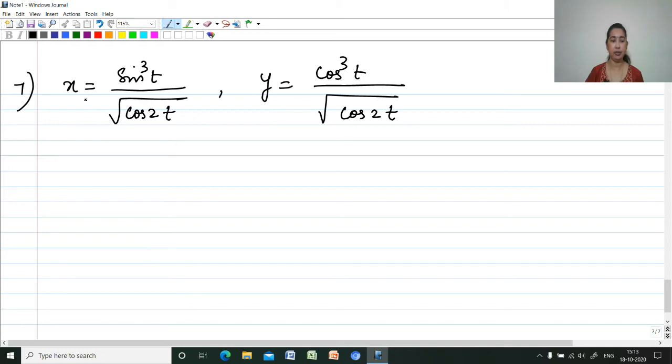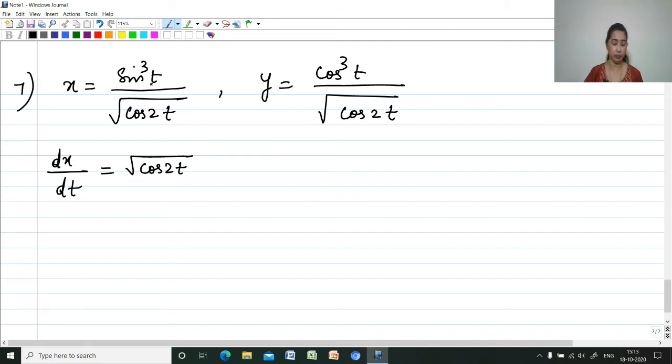So first we are differentiating with respect to t on both sides. So first we are doing for x. So dx by dt, we have to apply quotient rule there because it is u by v. So applying quotient rule, denominator, that is root of cos 2t, into derivative of the numerator.